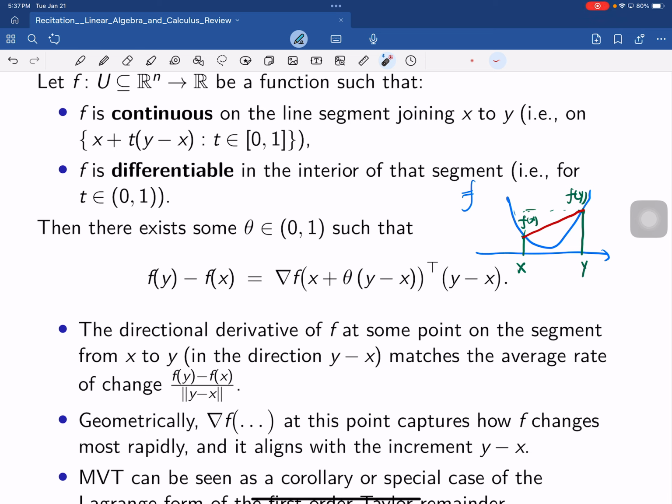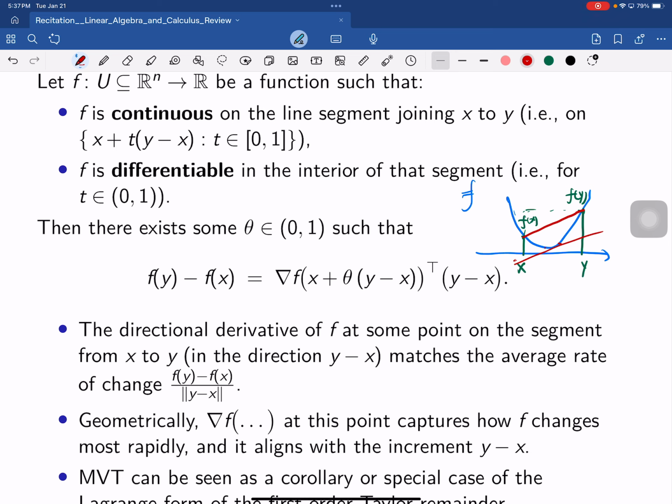Clearly, you can find such a gradient, maybe at this particular point, take the gradient here, it is parallel to the line segment between x and y, right? That's what the mean value theorem says, right?